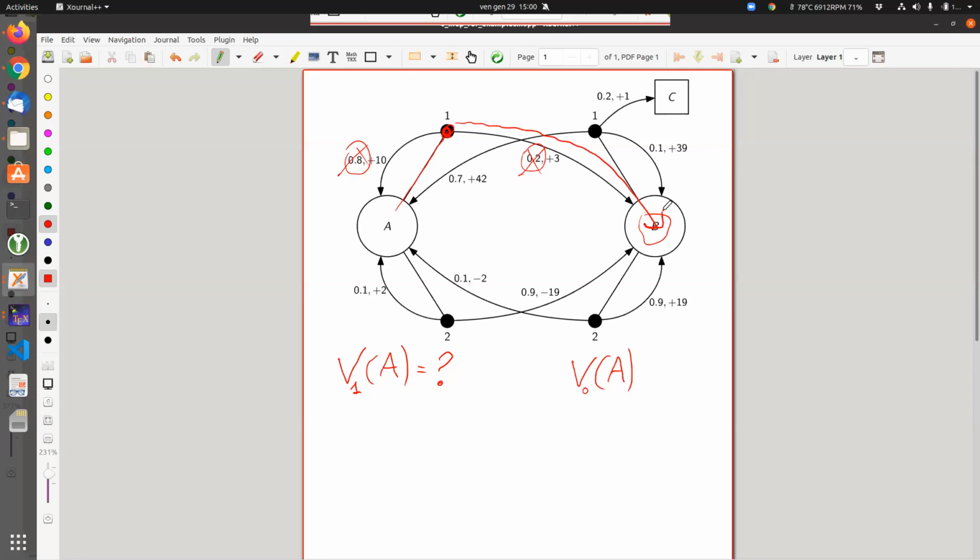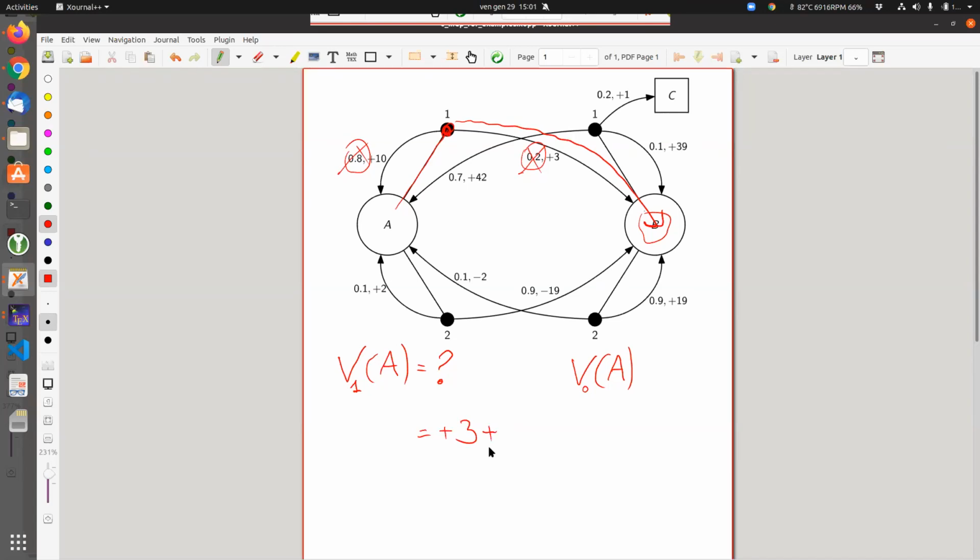Well, you say, okay, I received a reward of +3. You see, I don't count the probability because I don't know that this reward is only 20% likely going to happen. I just write down +3. And I say, okay, I landed in the state B. So other than +3, the rest of my return is my estimate of the state B. Let's say you have the estimate of every state at time 0, and the only estimate you have up to this moment is the first estimate, V0.